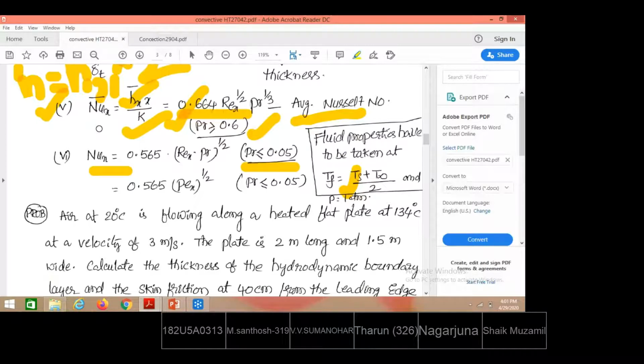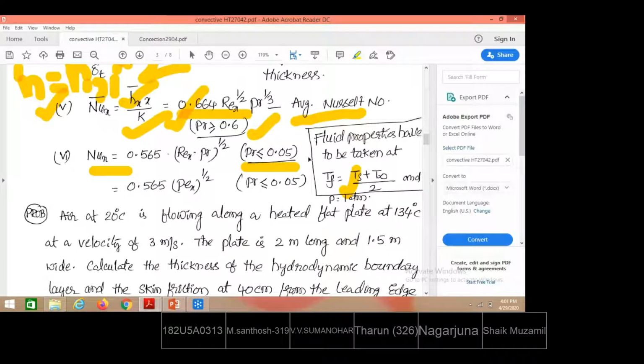That is why, if we have the data book, all of this could be understood without much difficulty. For a Prandtl number less than 0.05, applicable to liquid metals, the Nusselt number can be written as 0.565 times Reynolds number times Prandtl number to the power 1 by 2, or 0.5. This is how the relations are presented.